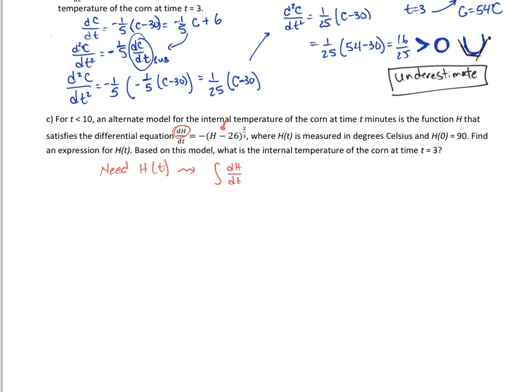So guess what I have to do? I have to separate the variables before I can integrate. To separate the variables, I have dh dt equals negative h minus 26 to the 2/3. I'm going to bring this whole thing over to this side. So think of it over 1 and cross multiply. So I'll get dh over h minus 26 to the 2/3, and I'm going to leave this negative over here.